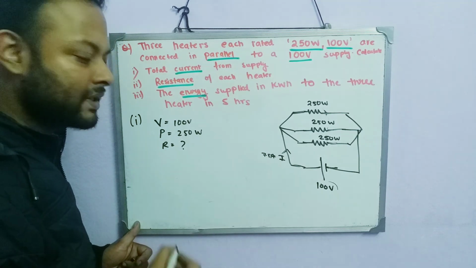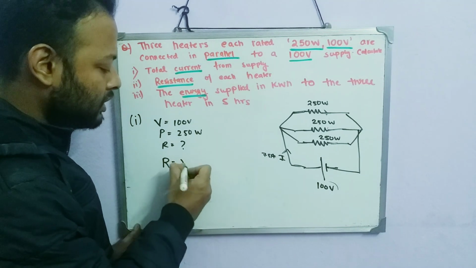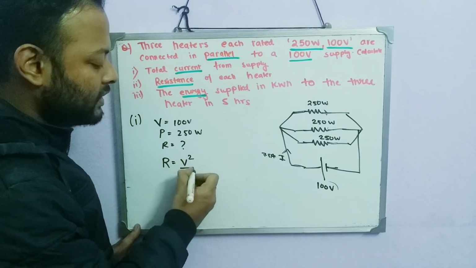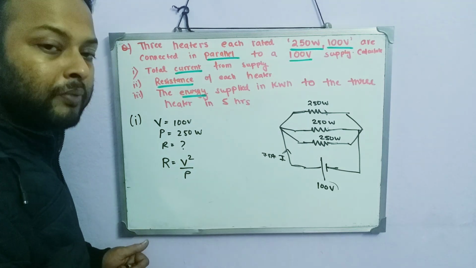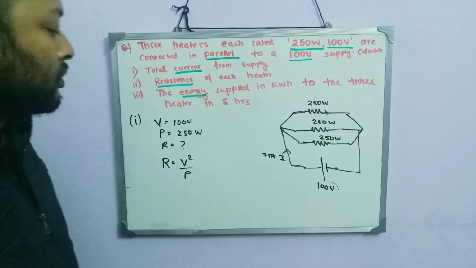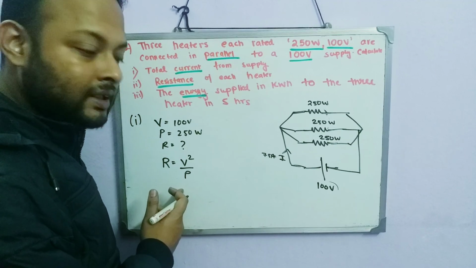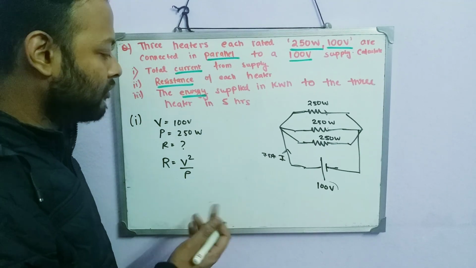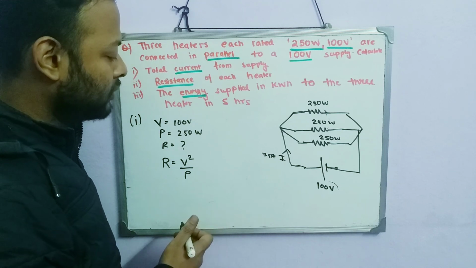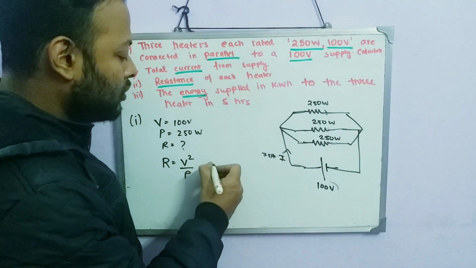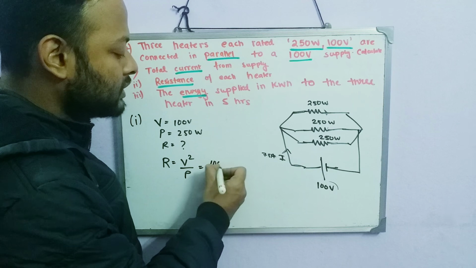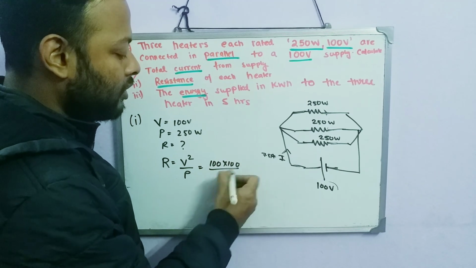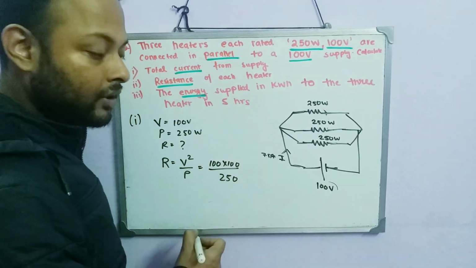So I'll use this basic formula. R is equal to V square by P. Because I know this formula is available, because I told you everything depends on the formula only. So I'll use this formula to get the answer. So it becomes how much? V square is 100 into 100 by 250.